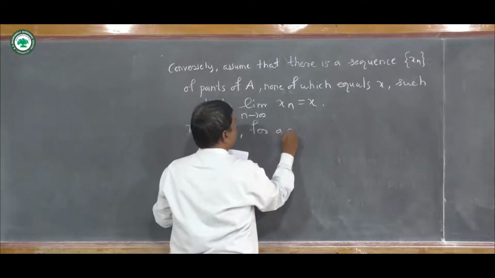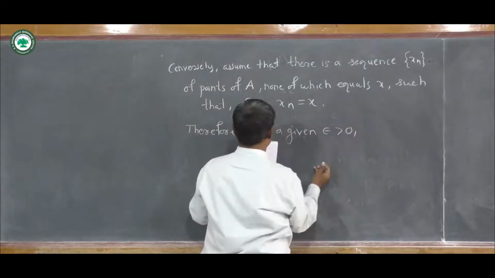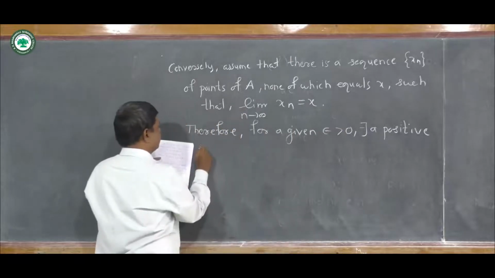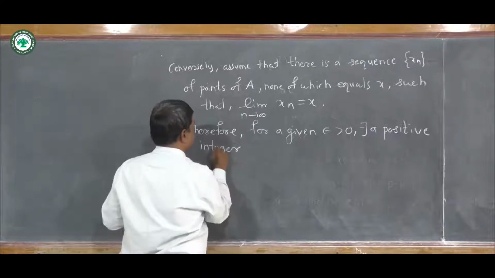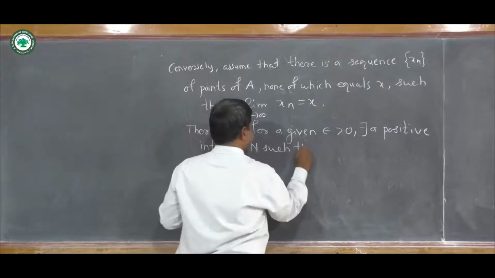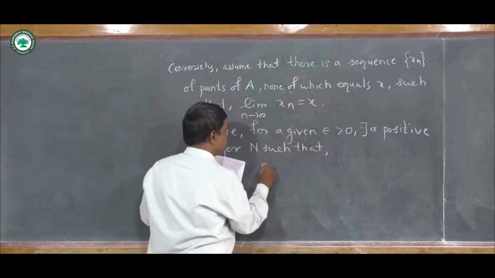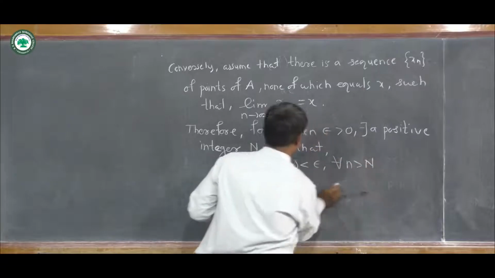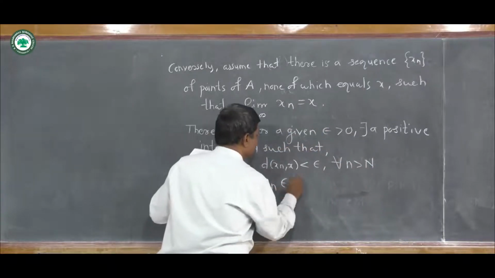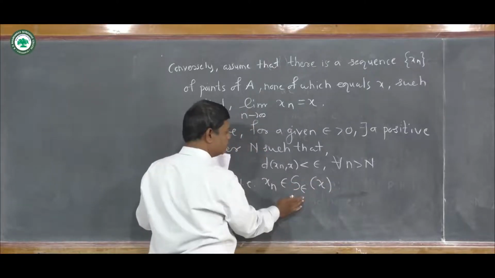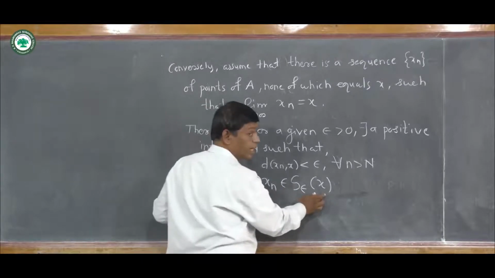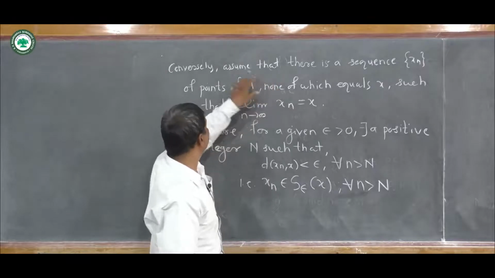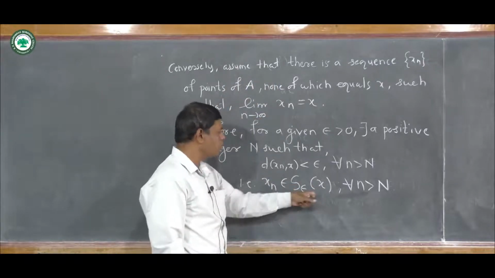Therefore, for a given epsilon greater than 0, there exists a positive integer capital N such that the distance between xn and x is less than epsilon for all n greater than N. That is, xn belongs to this open sphere, epsilon, x, whose radius is epsilon and center is x, for all n greater than N. Now this sequence is the sequence of points of A, and xn is a member of this open sphere.